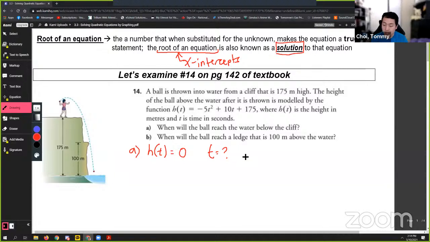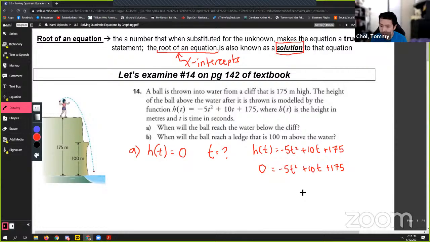So when we plug it into our equation that's given above, I'm just going to copy the equation here. When we plug it into our equation where h of t is 0, we're saying 0 is equal to negative 5t squared plus 10t plus 175. So that's what we're doing here.